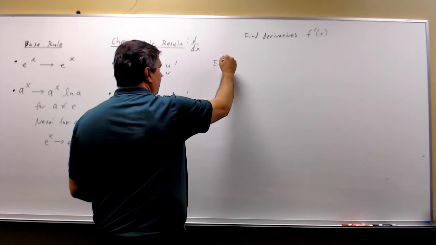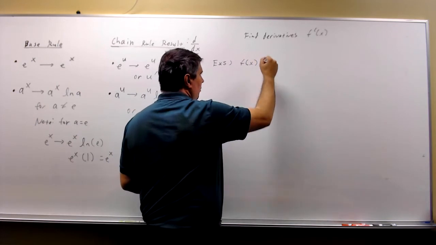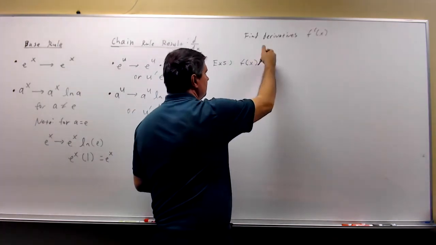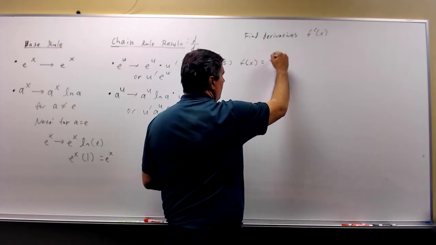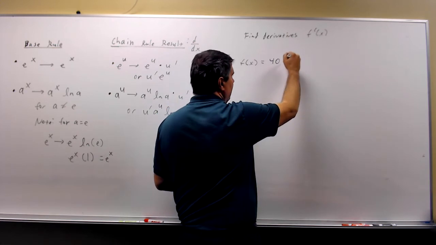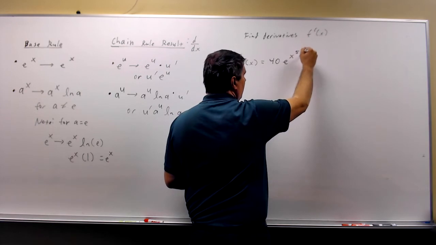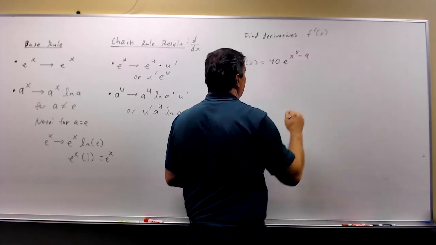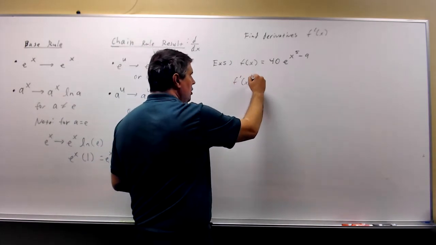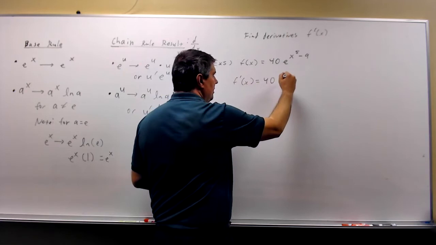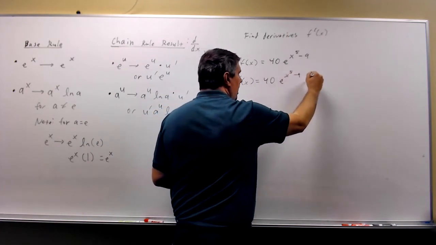Example 5. f of x equals 40 e to the x to the 5th minus 9. f prime of x will equal 40 times e to the x to the 5th minus 9 times the derivative.